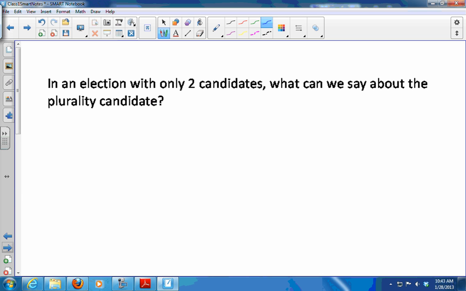So in an election that has only 2 candidates, what can you say about the plurality candidate? Whoever has the most votes, what else can you say? Also has a majority. Yeah. If there's only 2 candidates, then the person who has the most votes also has a majority of the votes.